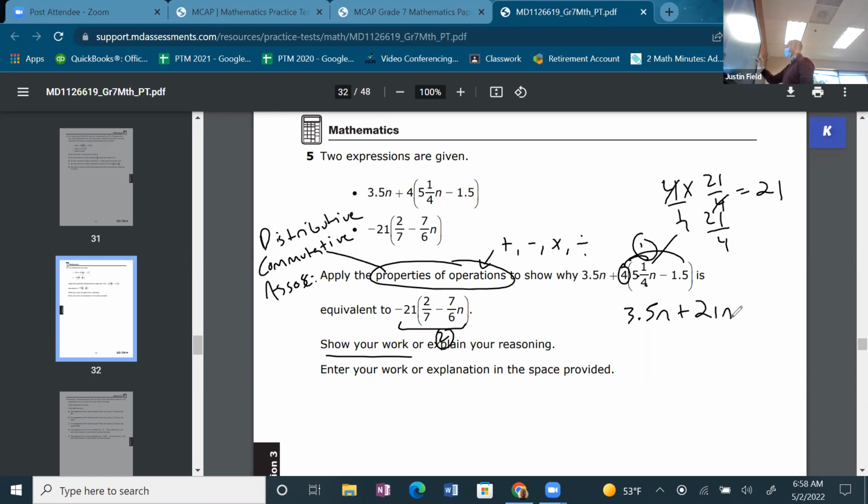And then what's 4 times 1.5? I know that's 6. So that's distributed. And then we can add like terms together. That is 24.5 and minus 6, combining like terms.